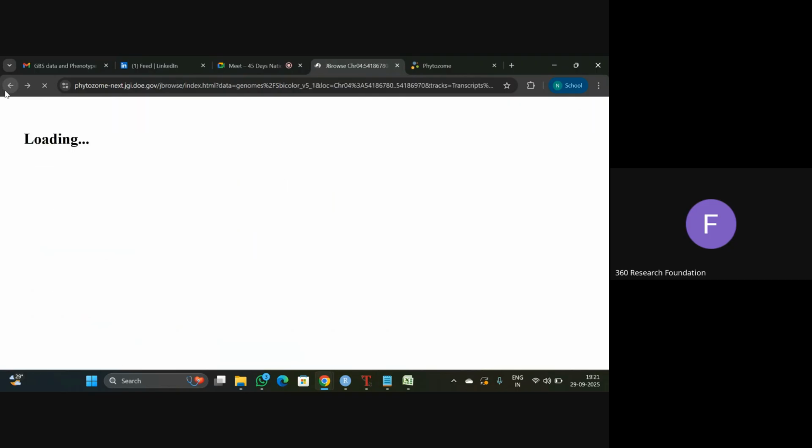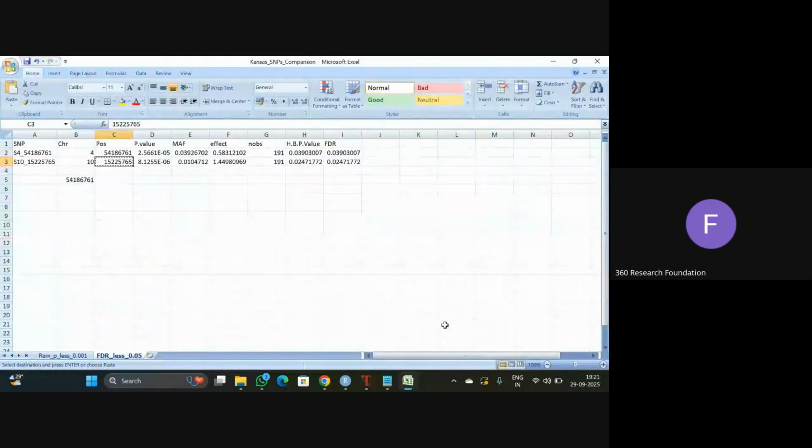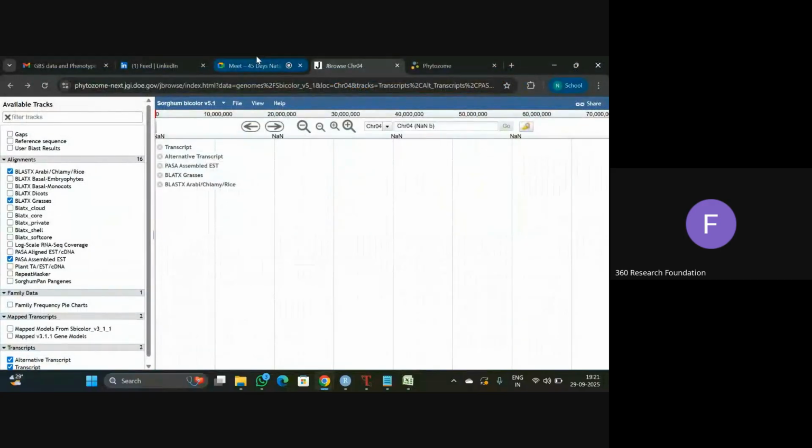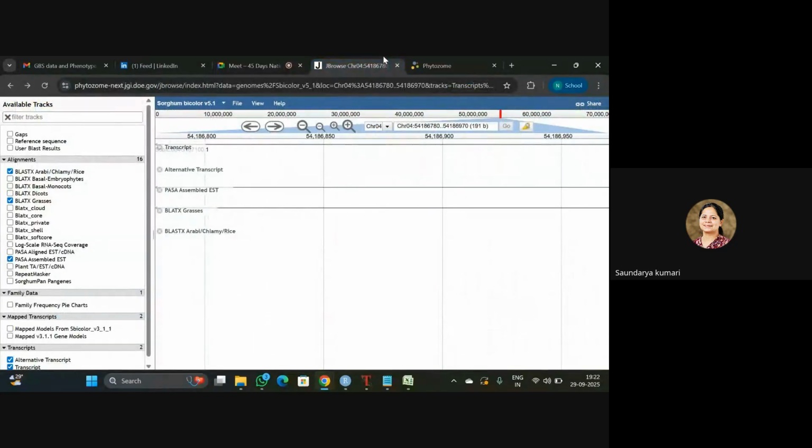Have you checked that 10th position on 5.1? I didn't get anything, so I don't know if the server is not working. No, the server is working. For me it's not working right now, I think.